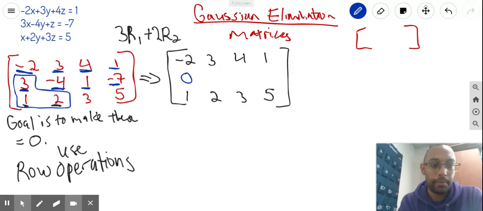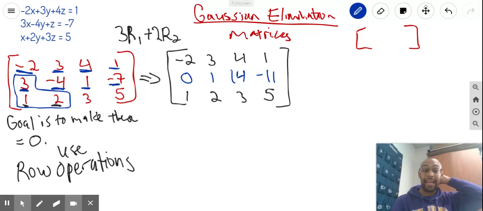There is 0. 3 times 3 is 9. -4 times 2 is -8. 9 minus 8 is 1. 4 times 3 is 12. 1 times 2 is 2. 12 plus 2, 14. 1 times 3 is 3. -7 times 2, -14. 3 minus 14, -11.